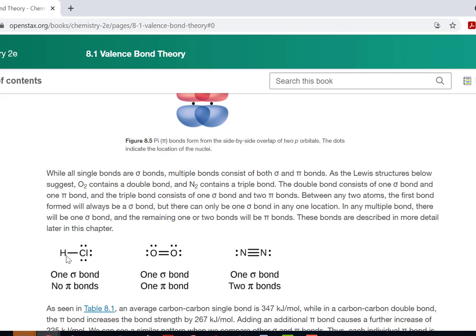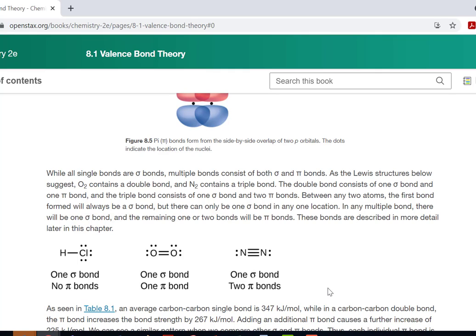But anything in this course, if you have only one bond, it's a sigma bond. So in this case, we would have the s orbital and the p orbital overlapping, and there are no pi bonds. When you have multiple bonds, those additional bonds are pi bonds. So one of the bonds is sigma, any others are pi. Okay, so 1 sigma, 1 pi here, 1 sigma, 2 pi here.